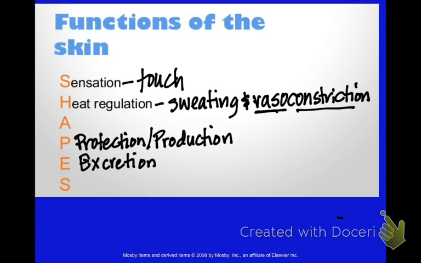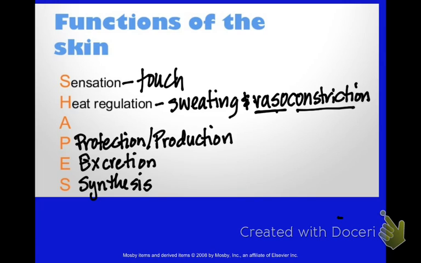Gosh, I've been looking at this all day and now I'm going blank. The other S is for synthesis. And the A is for, I can't believe I'm forgetting it. Okay, it's on my next one.